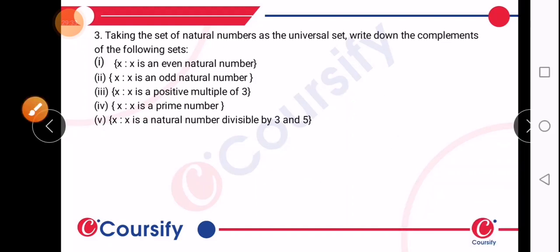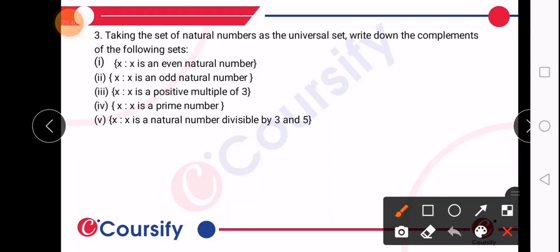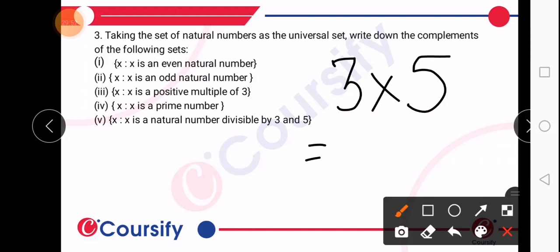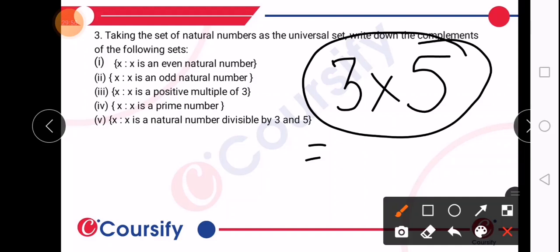Let's take a look at the next one. If a natural number is divisible by 3 and 5, which means that such a number is a multiple of 3 and 5, that is, a multiple of the product of these two numbers, that is 15.